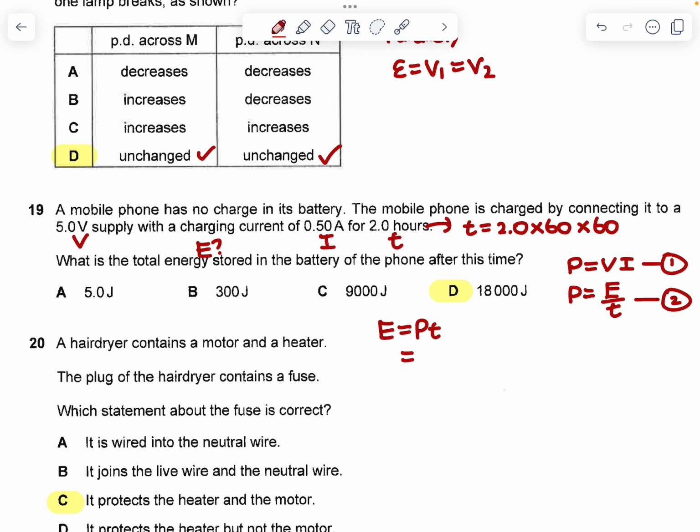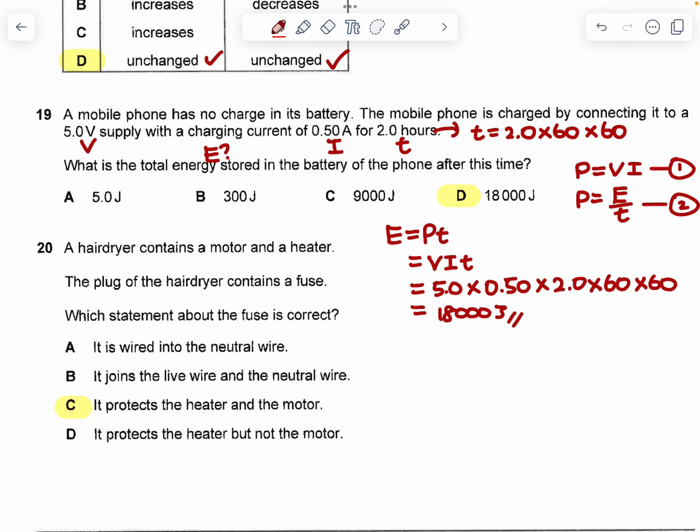E equals VI times T, which equals V 5.0 times I 0.50 times T, which is 2 hours times 60 minutes times 60 seconds, which will give you 18000 joules.